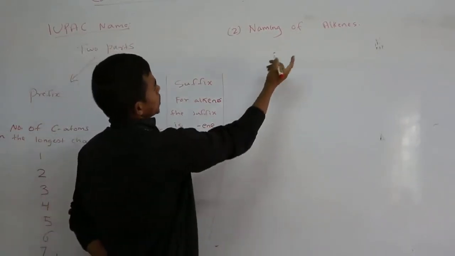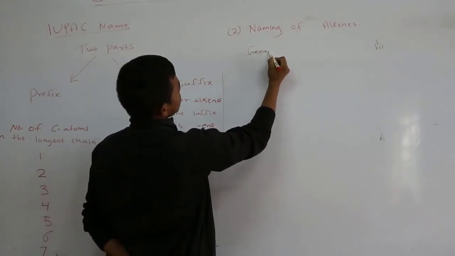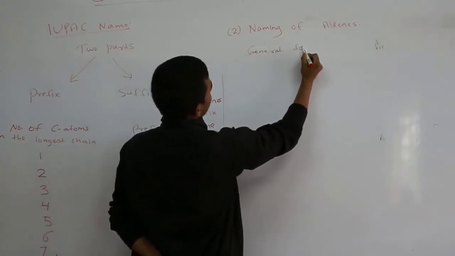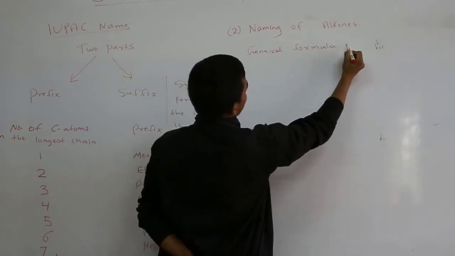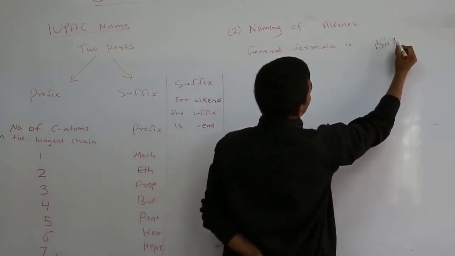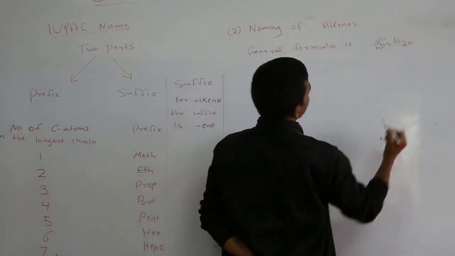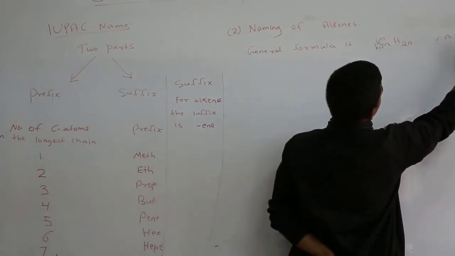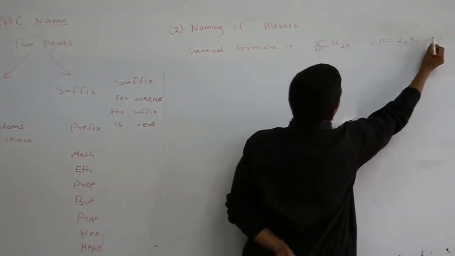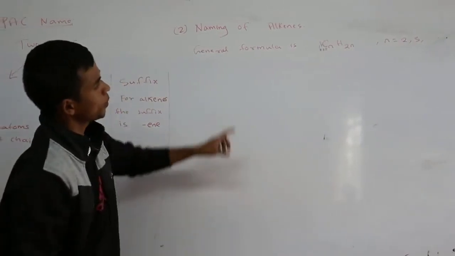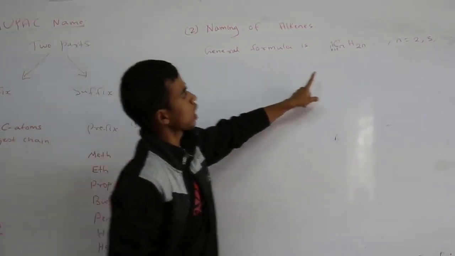So the general formula of alkenes is CnH2n. Here n is running from 2, 3, and so on.